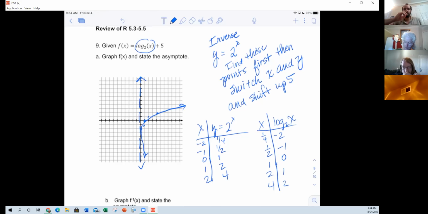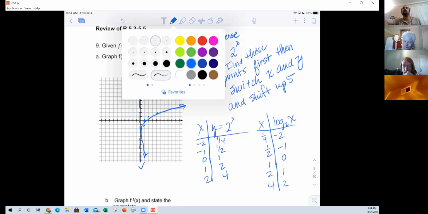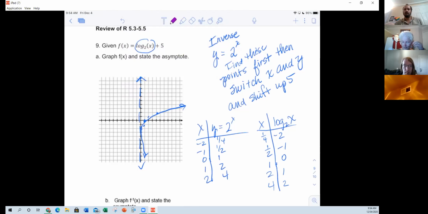But then I'm not through because now I have to shift everything up 5 units. The vertical asymptote's not going to change at all. So I'm going to take all these points, I'm going to pick some nice ones and shift them up 5.